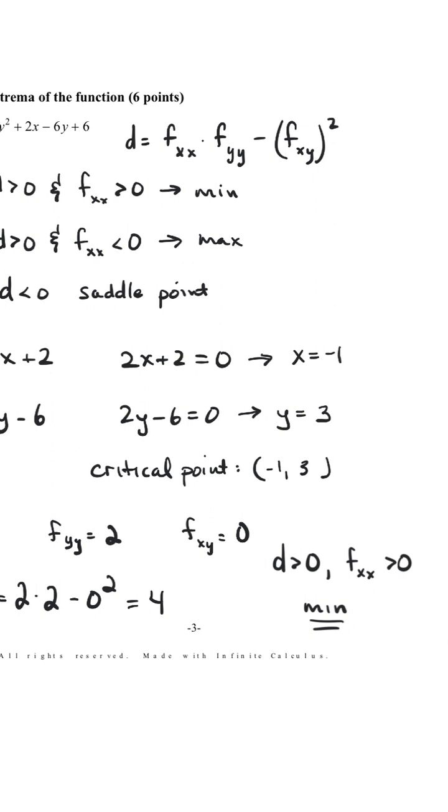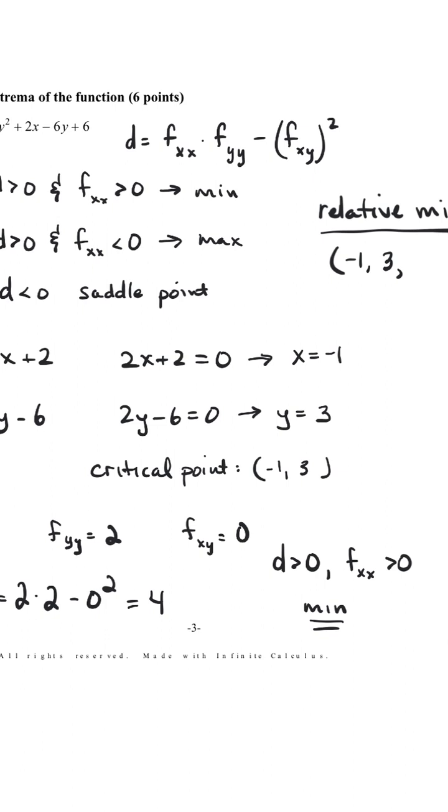So to find the minimum point, we know that it's a relative minimum. At an x value of negative 1, a y value of 3, to find the z value, we just plug in a negative 1 for all the x values. We plug in a 3 for all the y values and evaluate.